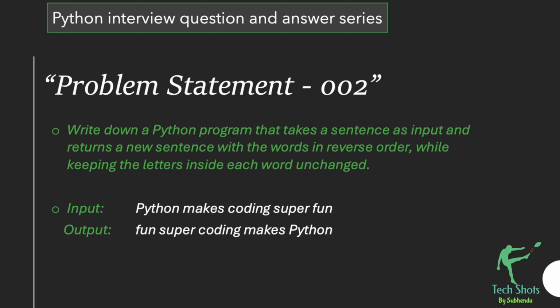So usually what do we expect in an interview? We'll be given a string and asked to reverse the characters of that string, right? But this is not the case. In an interview, you will face more critical and tricky questions like this problem statement. You will be given one sentence and asked to reverse all the words it has.